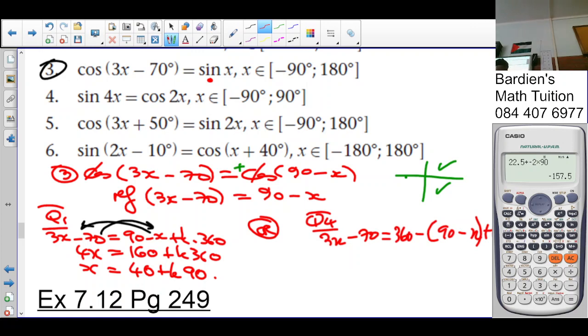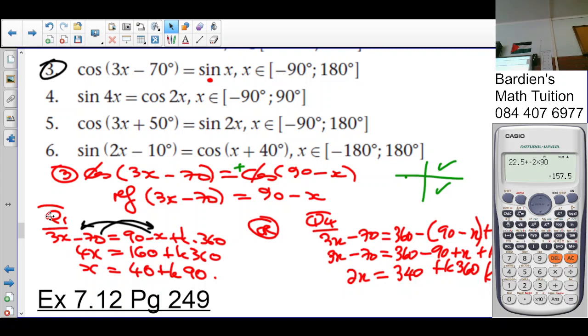So that gives us 3x minus 70 equals 360 minus 90 plus x plus k times 360. 3x minus x is 2x. 360 minus 90 is 270. 270 plus 70 is 340. Plus k times 360. Now, k is an element of the integers.